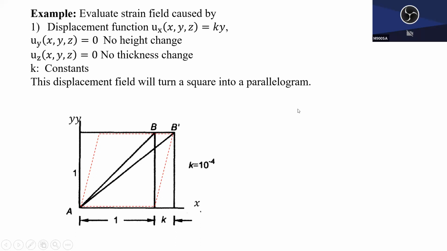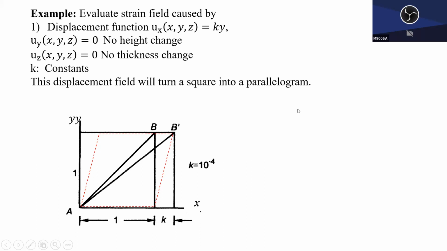So here's another boring example. Displacement in the x direction is defined as k times y, clearly a function of the y direction. Displacement in the y direction is all 0. That means the height will never change. Indeed, when you apply a shear deformation to a square, it usually twists just a little bit and becomes a slight parallelogram.